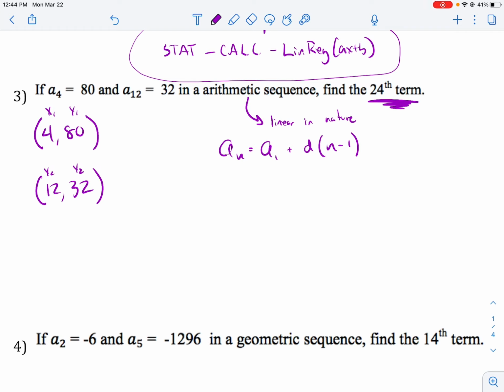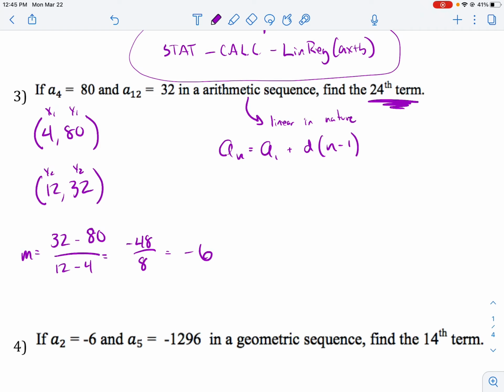Our slope should be negative because our 4th term is 80, our 12th term is 32. So we're actually going down. Okay? So when you plug this in, you get 32 minus 80 over 12 minus 4, which gives me negative 48 over 8, which gives me negative 6.